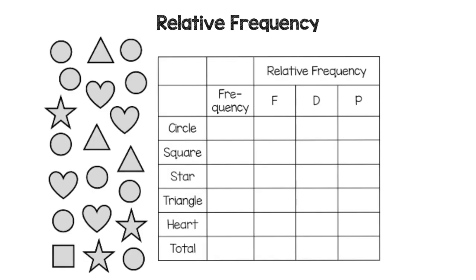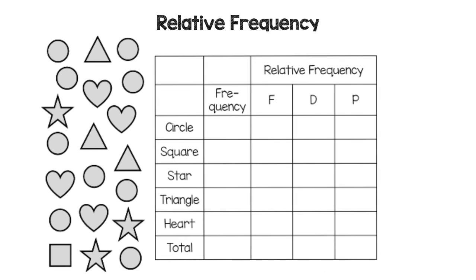Okay, so the first thing that we want to do on this is we want to figure out the frequency of each of these things occurring. So over here, you notice there's a bunch of shapes on the left. We want to figure out the frequency of each of those shapes occurring. So our first one is a circle. So what we're going to do is count how many circles we have here.